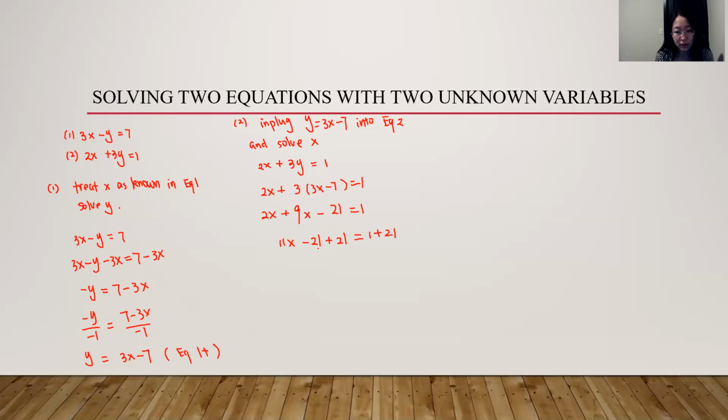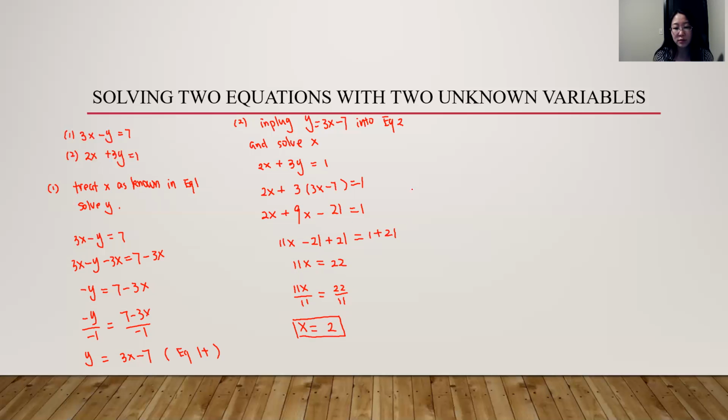So negative 21 plus 21 equals 0. The left-hand side of this equation is 11x, equals 1 plus 21, which is 22. We try to get rid of this 11 on the left-hand side so we can get the value of x. So we divide both sides of this equation by 11. So we found that x equals 2, because 22 divided by 11 equals 2.